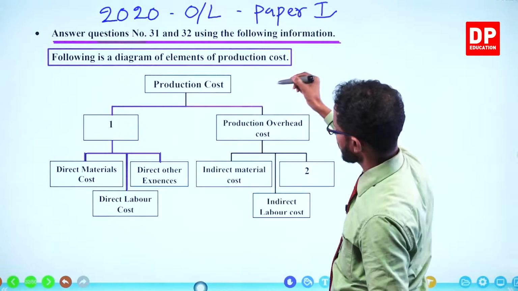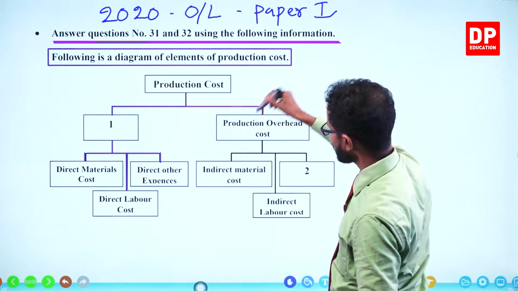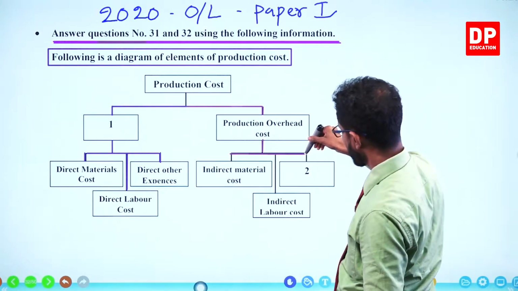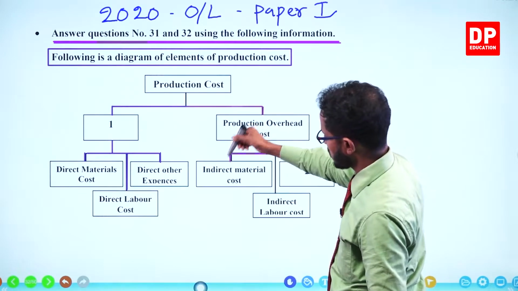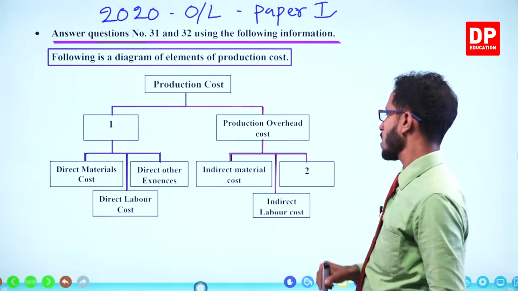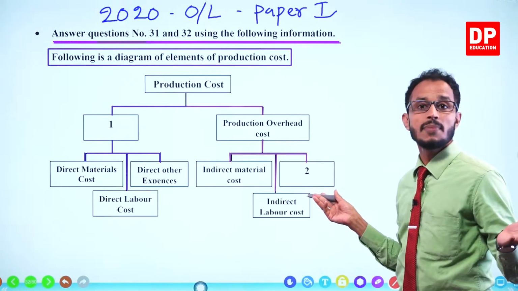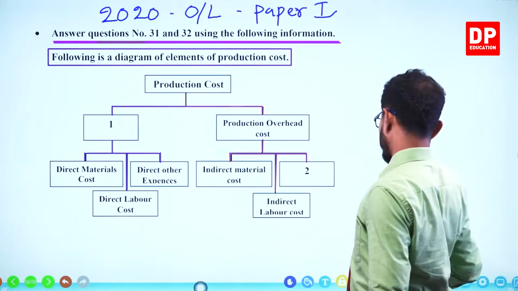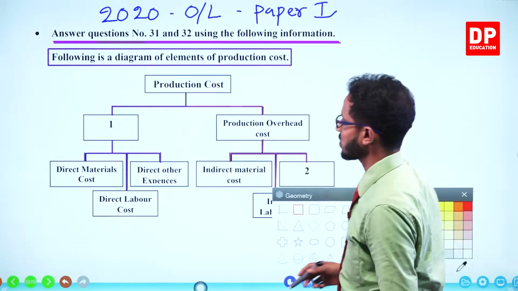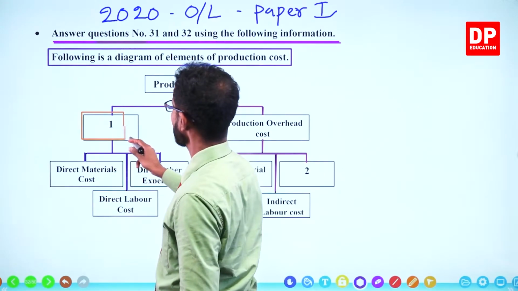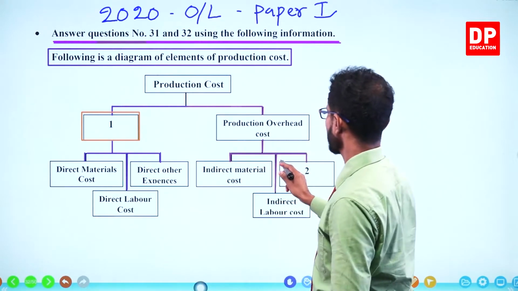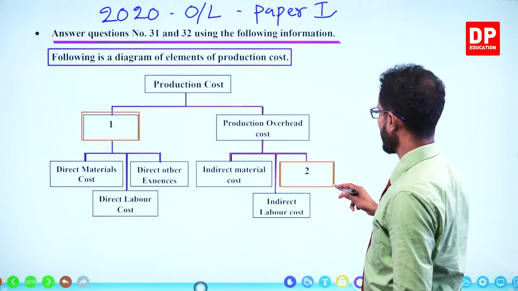We have production overhead cost. Then it is again divided as indirect materials, indirect labor, and indirect, I don't know, it's a blank. So we have two blank boxes. First blank here, second blank here.